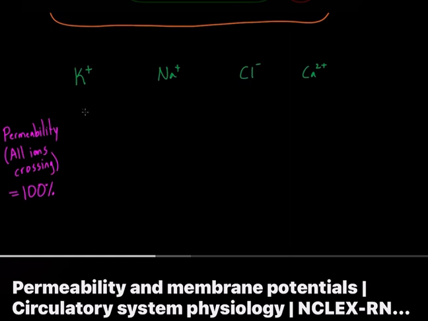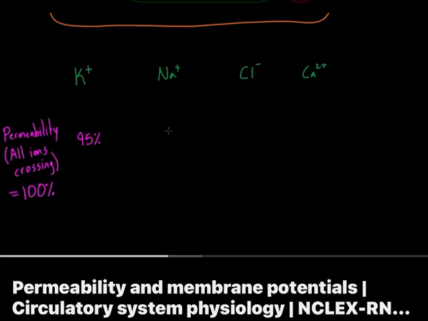So let's say that of the 100%, potassium is 95%, meaning that if we think about our cell border, cell membrane, 95% of the crossings are with the ion potassium. And that means that only 5% of the crossings are with the other 3 ions.